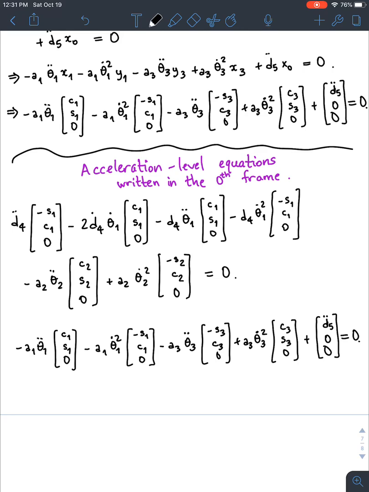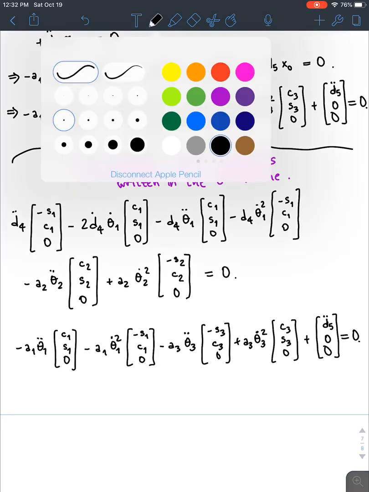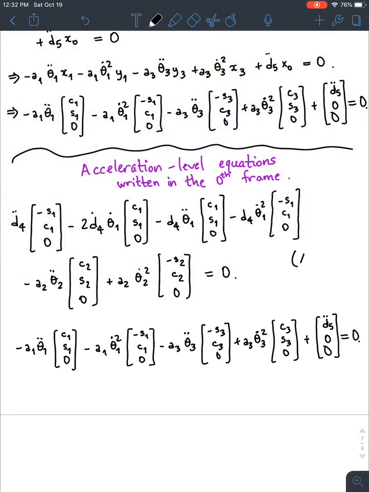But the equations are actually not difficult, because if you look at these equations, let me label them as AL1 for these guys, and for this one AL2. If you look at AL1 and AL2, acceleration level loop equations, what you observe is that like the velocity level equations, these acceleration level equations are actually linear in the unknowns.